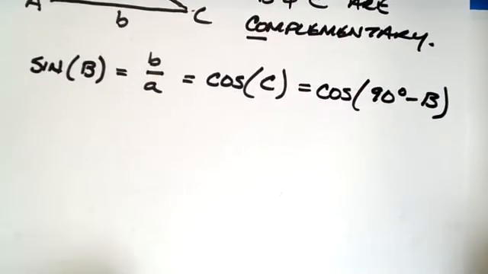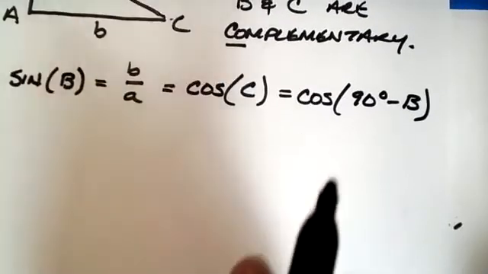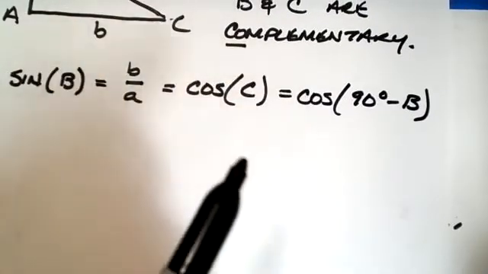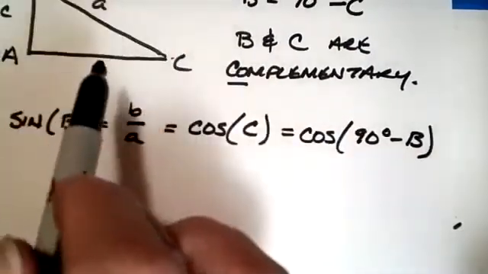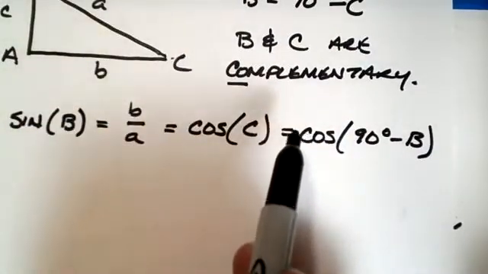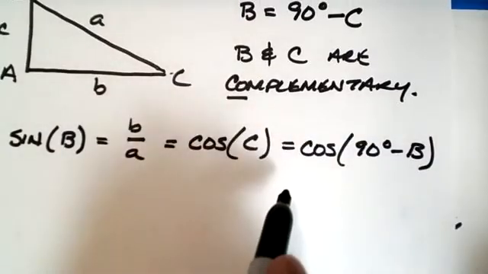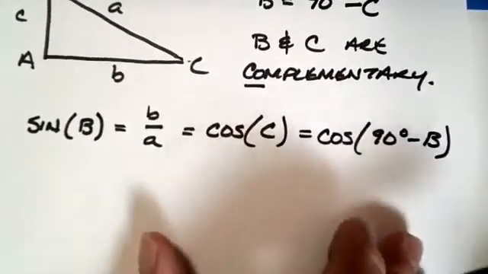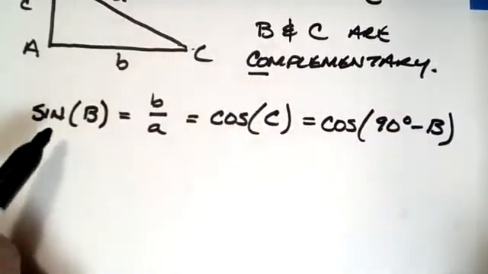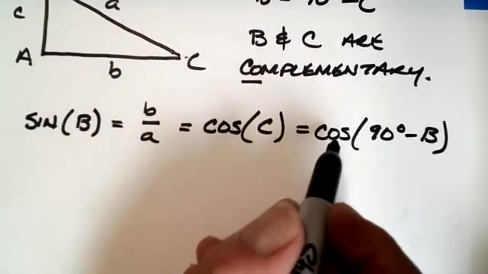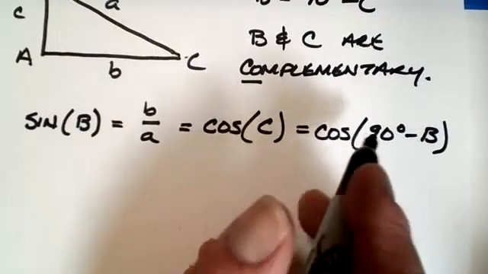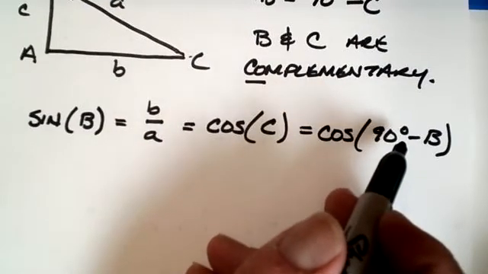So, all right, what is the thing to learn from this? This is not specific to right triangles. We used a right triangle to show it, but this is true no matter what. The functions themselves have this property that the sine of any angle is equal to the cosine of the complementary angle.